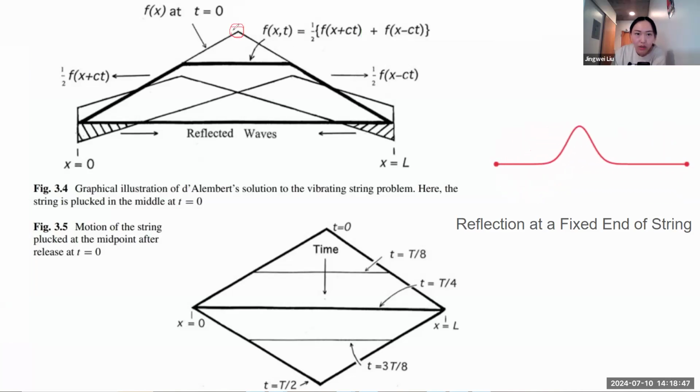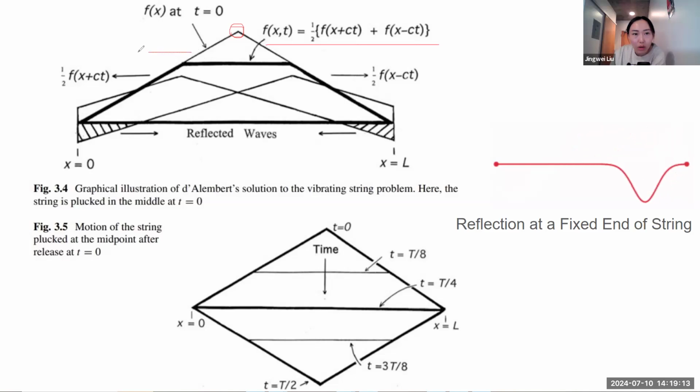So we pull the string here, and then we release. When we release, we don't give it any extra force, and it will move on its own. How the movement will look, we already know from the D'Alembert formula: there will be two traveling waves, right?